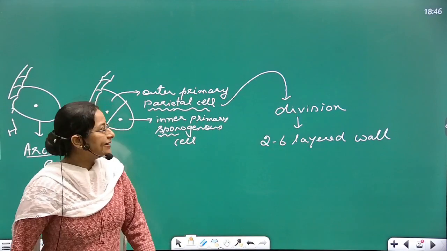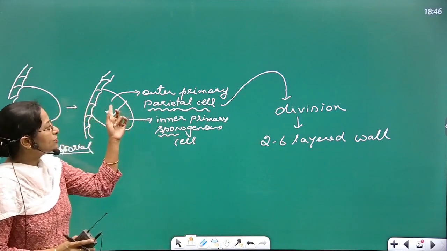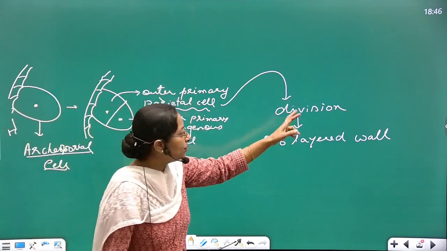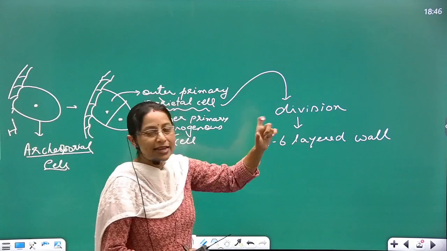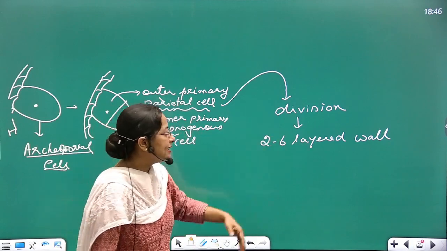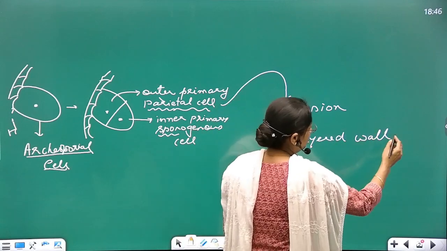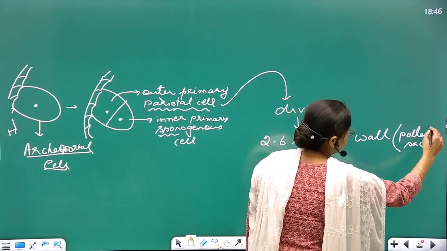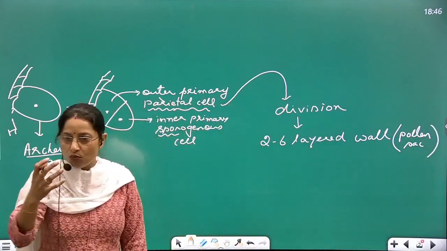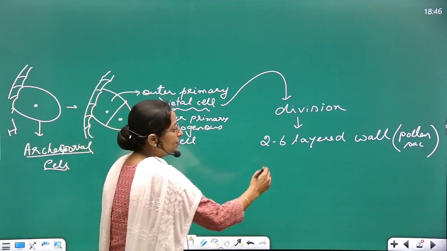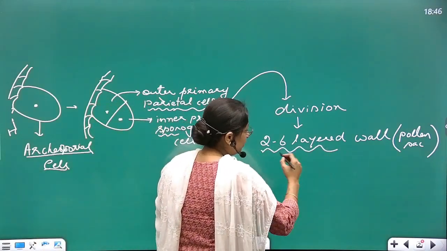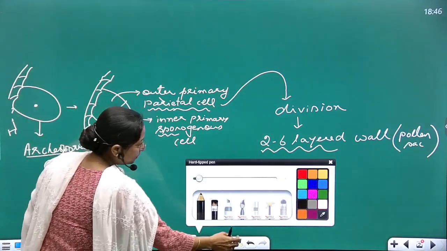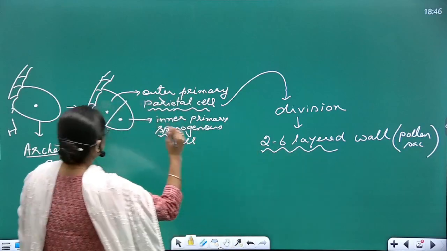So the parietal cell divides and redivides, ultimately forming layers of cells, and that would be called the pollen sac wall. What were we discussing? When we talk about these layers, what will they ultimately form?